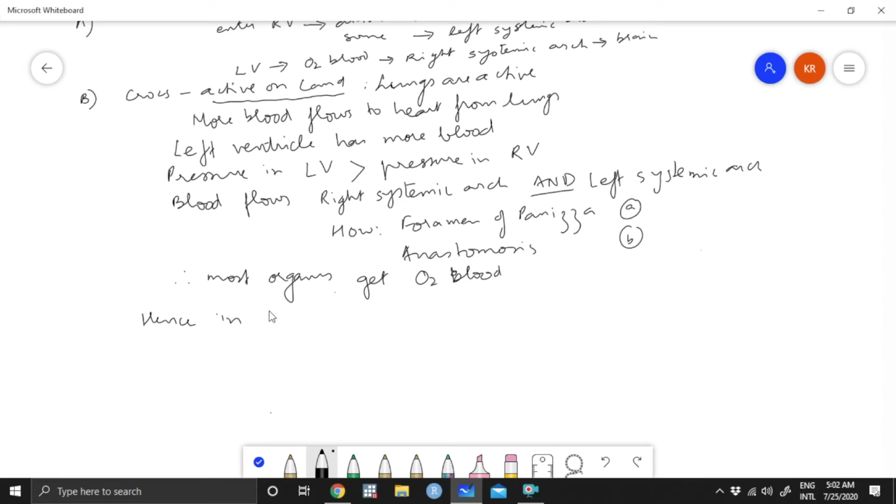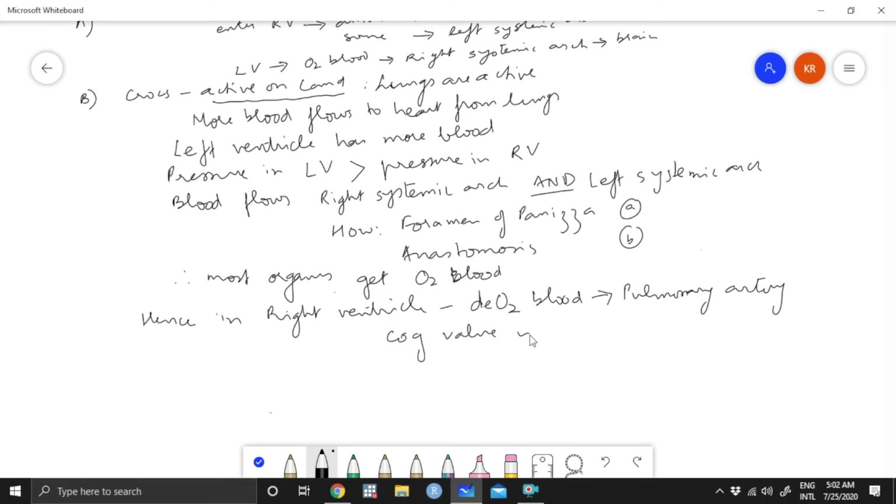what is the situation in the right ventricle? Naturally, in the right ventricle, as is normal, there is deoxygenated blood. This deoxygenated blood is forced into the pulmonary artery. Why? One reason is that the cog valve is open.